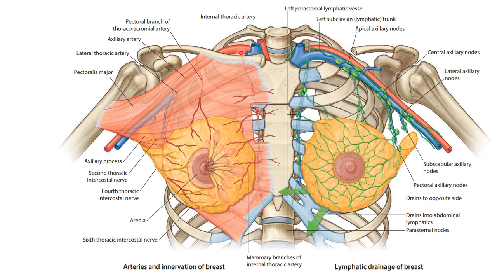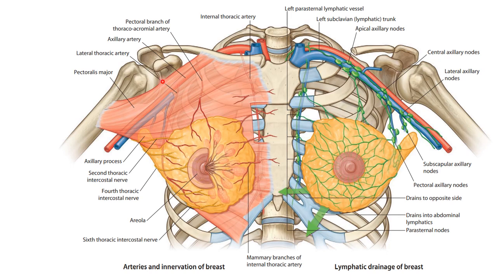The internal thoracic artery is a branch of the subclavian artery. It runs deep to the anterior thoracic wall in a longitudinal course, just lateral to the sternum. It gives penetrating branches that penetrate the intercostal spaces to reach the medial half of the breast.